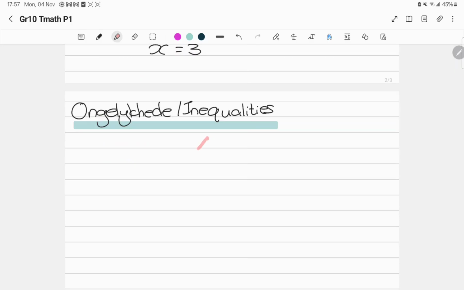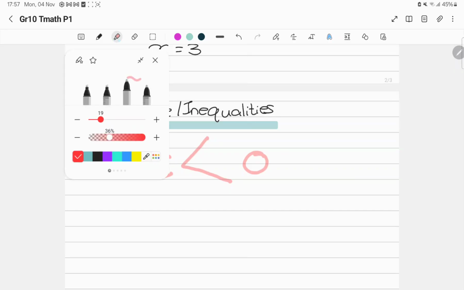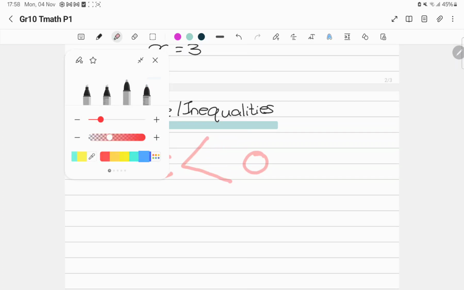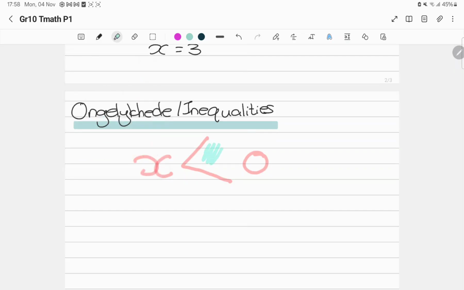Alright, so let's say I give it to you like this, with an x and a 0. What does this mean? You look at where the bigger part of this sign is. This is obviously the big part, and it's showing towards the 0, which tells me 0 has to be my bigger number.